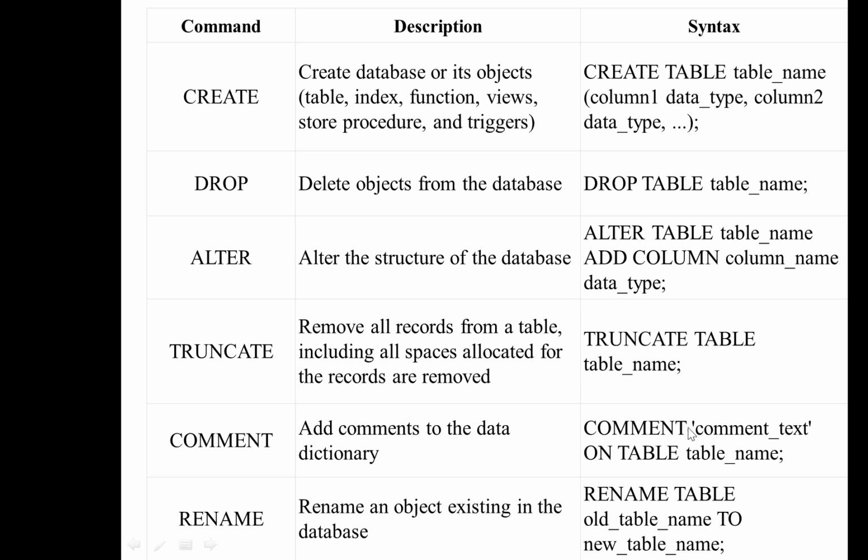Comment is a keyword followed by the comment text, which is given within single quotation marks, and then ON TABLE, and then the table name for which we are going to give the comment. So the syntax is comment on table, the table name, and the comment text within single quotation marks. Here COMMENT, ON, TABLE, these 3 are keywords.